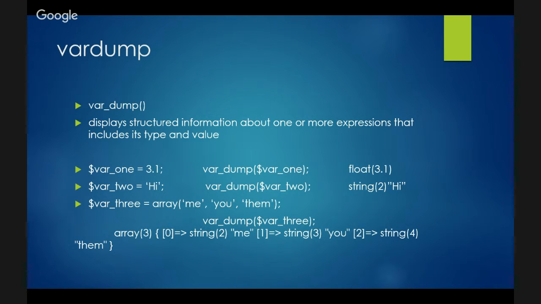And then the third example returns the type, that it's an array, again, that there's 3 elements or 3 indexes in the array, and then similar to print_r, it returns what each index is. So the first index, which is 0, it returns that it's a string with a length of 2, and then it has that value, and it goes through the whole array that way.